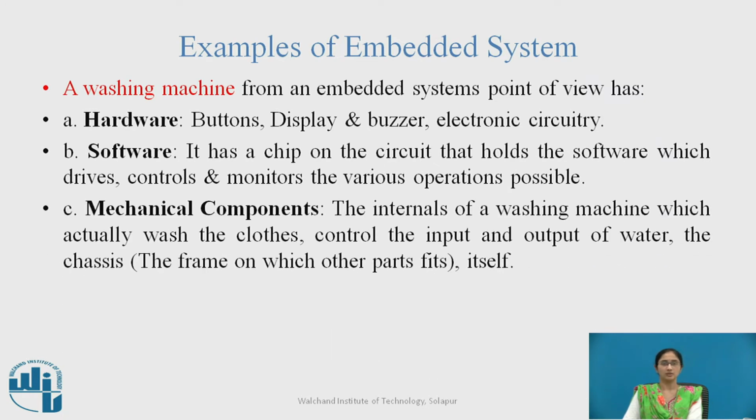Mechanical components: the internals of a washing machine which actually wash the clothes, control the input and output of water, the chassis itself. Here are mechanical components also in the washing machine.